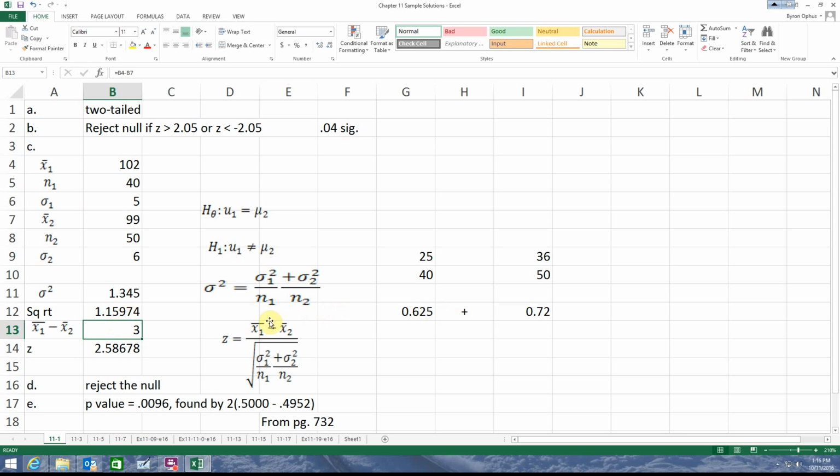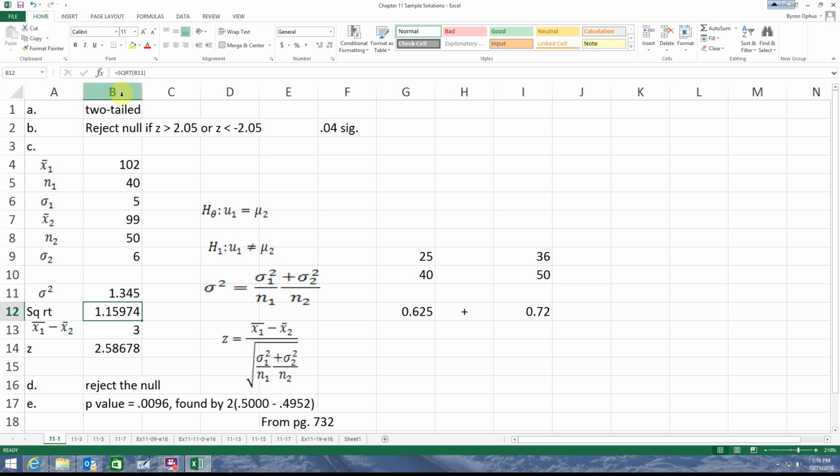Then that's divided by the square root of the variance, the standard deviation of these down here.